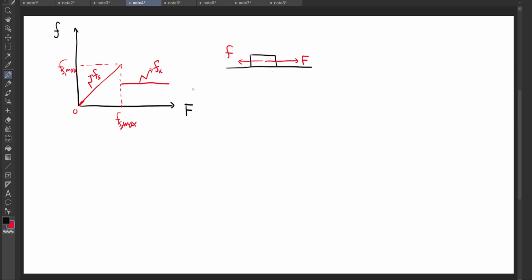Okay, and no matter how large the pushing force is, Fk is a fixed value. Okay, so that's the picture to remember, and it should be very useful when you try to solve some problems, especially when it contains a Fs here. Fs is more complicated than Fk.